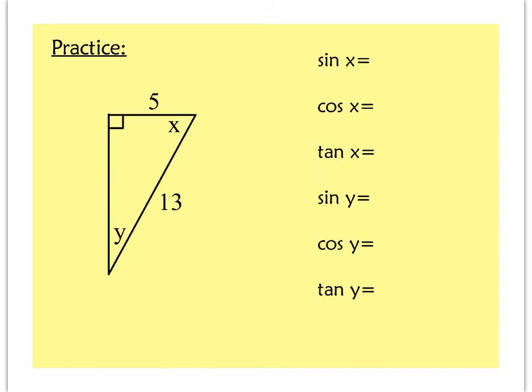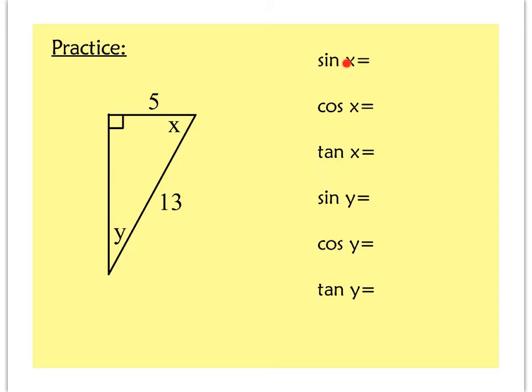We may have to use a variable for that other side because it's an unknown, and that's fine. In this case, we're not going to use x or y because they're already used to show angles. But we could use another letter. We'll use z for this instance if we have to use a side. Now, if we don't have to use that side, we don't have to worry about a variable. But we will on some of these ratios here.